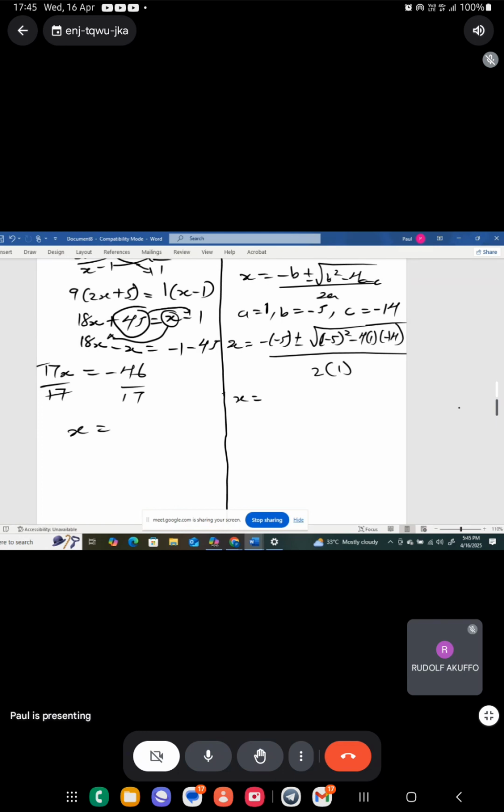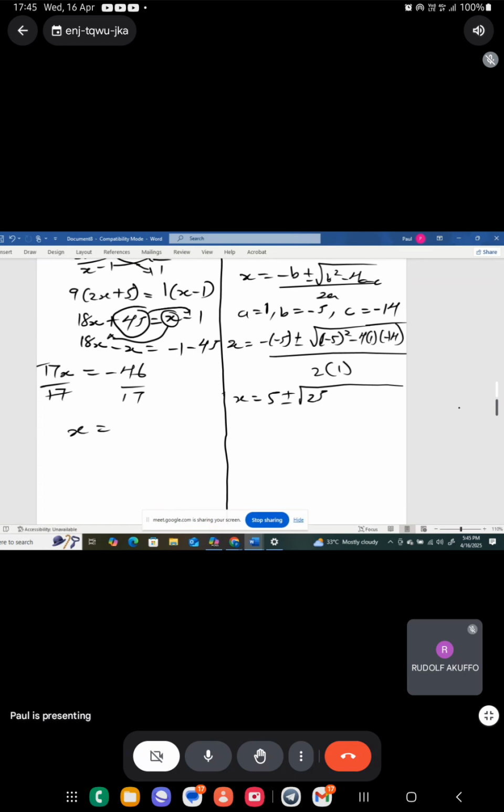Now 5 squared, sorry, negative 5 squared gives us 25.